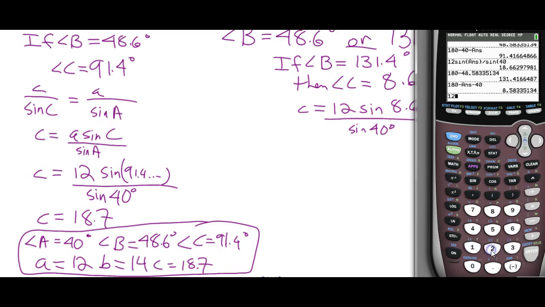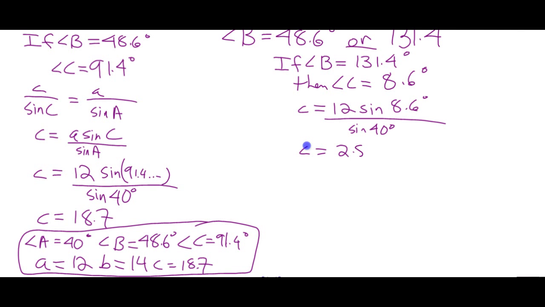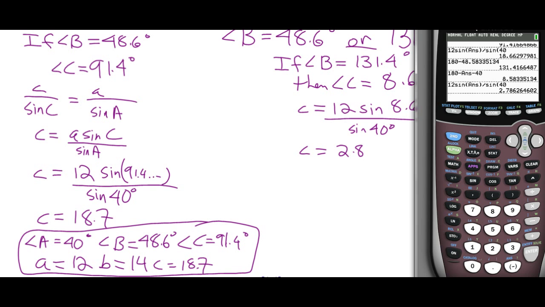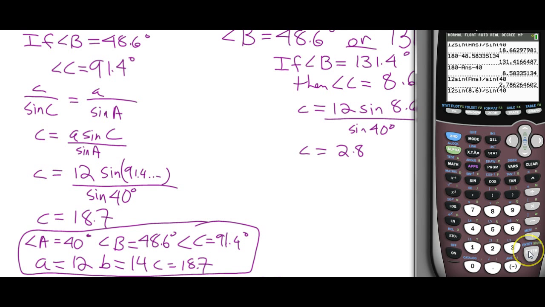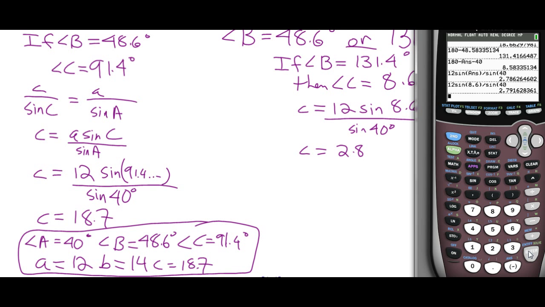So 12 sine this number divided by sine 40 gives 2.786, so c equals 2.8. What would have happened if we'd gone 12 sine 8.6 divided by sine 40? 2.7, we'd still get 2.8.